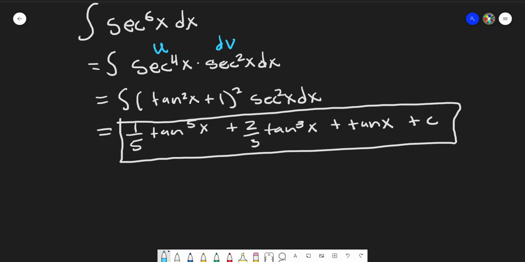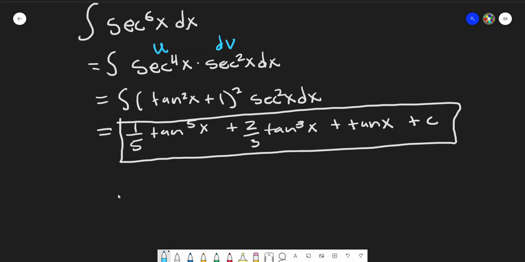Now, integration by parts is going to get you an answer, but how you find it, in presentation wise, it's not going to look exactly the same because you're using a different approach. But once you work out the solution in terms of differentiating it or even rewriting it, you'll see that it's essentially the same thing as what we have right here. So in that regard, you can apply integration by parts for a question like this.